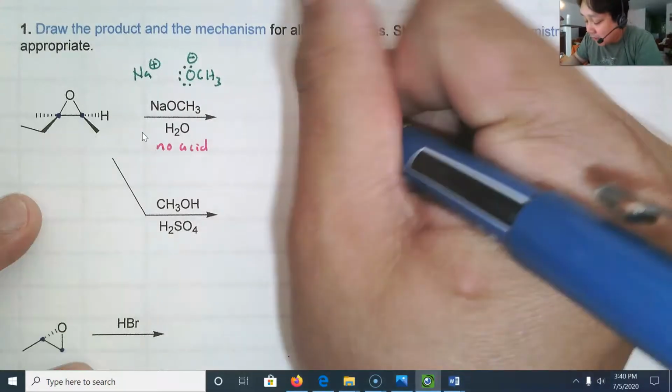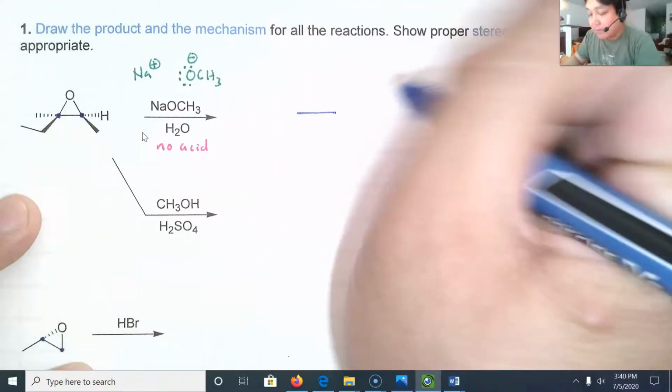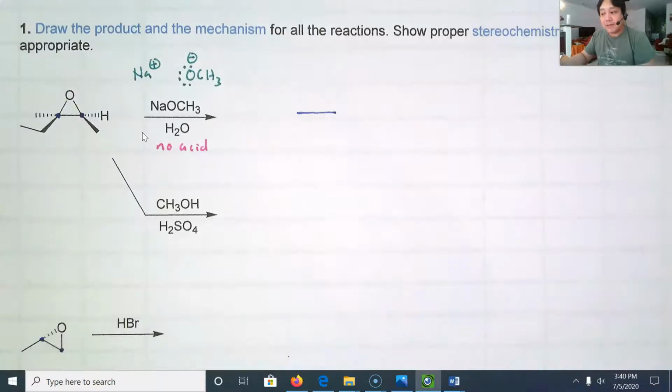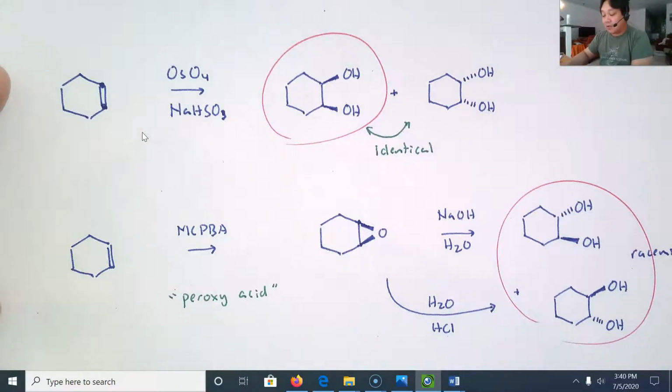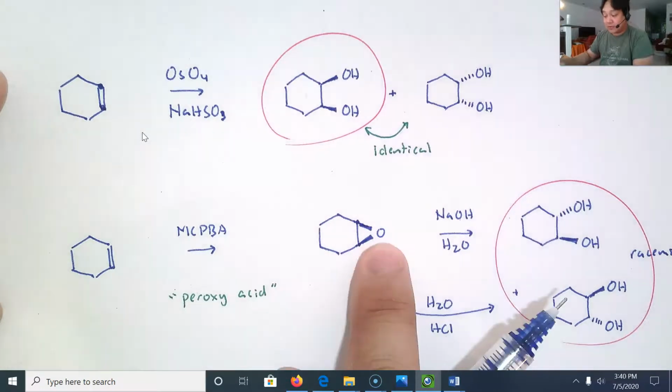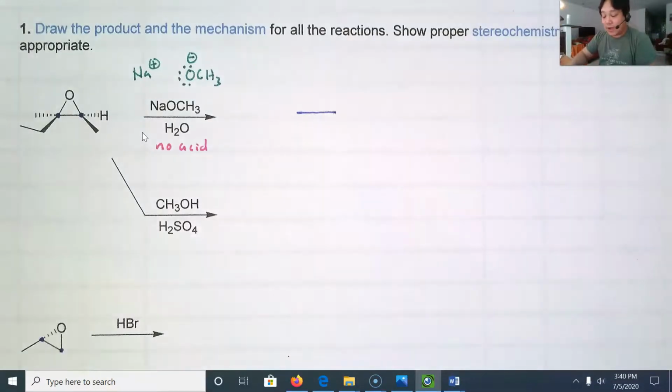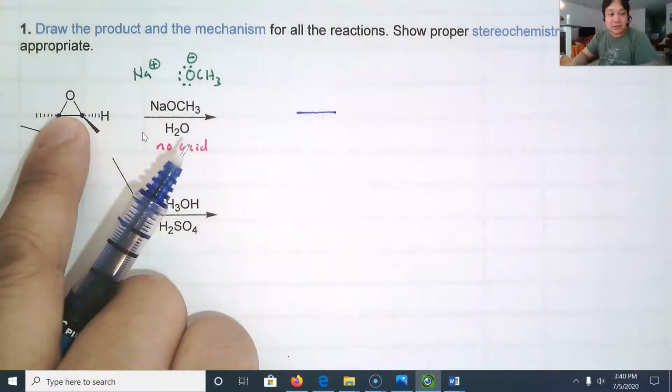Let me show you how I would draw this, though. Because most of our examples, even the one that we looked at today, the epoxide, the wedges and dashes are on the oxygen, or to the oxygen. Here I have lines to the oxygen.